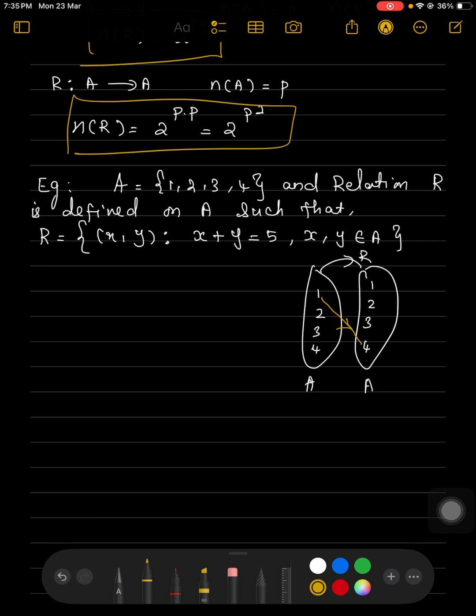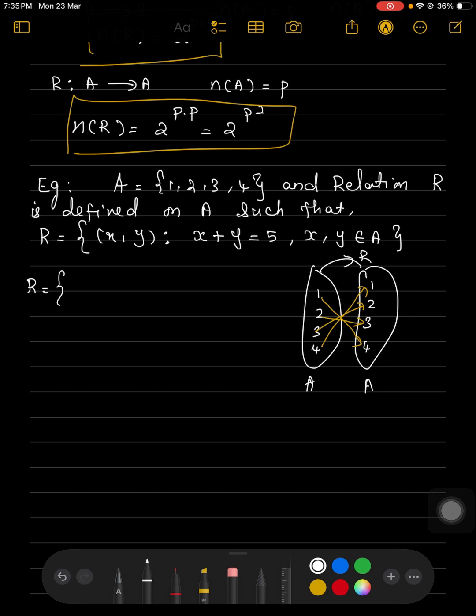Yes, it satisfies. With 2, same way, 2 comma 3. With 3, 3 comma 2. With 4, again 4 comma 1. So this is the arrow representation of the given relation. Now let me write it in roster form. In a relation there is no particular order.